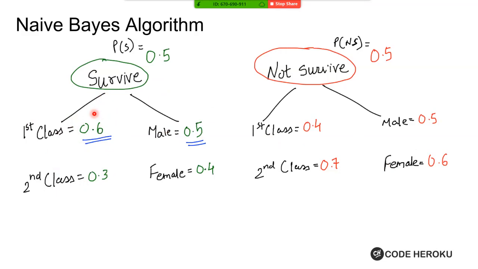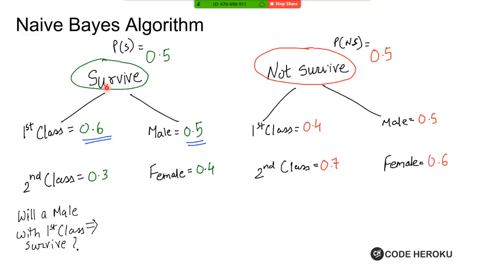So that's how you will come up with all these numbers. So let's say we calculate all these numbers, and now the question someone asks us is, given a person who is a male, traveling in first class, will they survive or not? Can you look at these numbers and intuitively come up with what might be the answer? You don't even have to do any calculations.